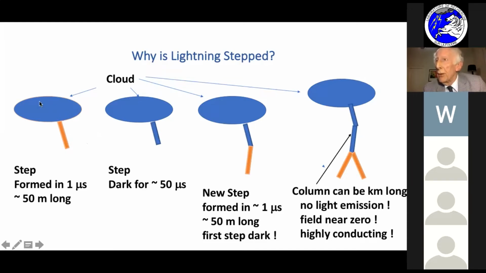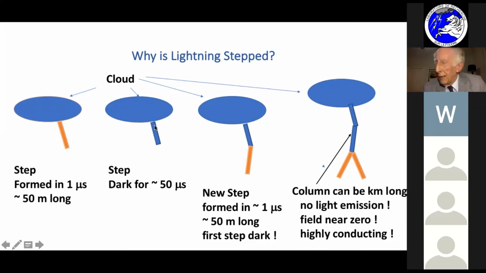You have a cloud which charges up, and the first thing that you see is a long step, generally can be 50 meters long, and it forms in a microsecond. And it lights up and goes a whole microsecond for 50 meters, and then it goes out.